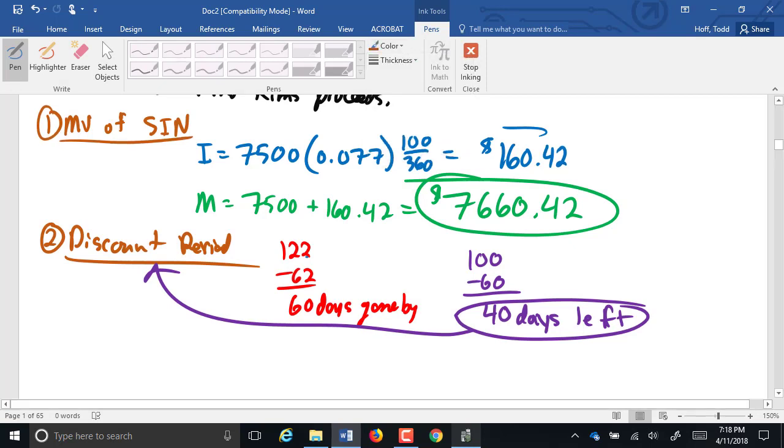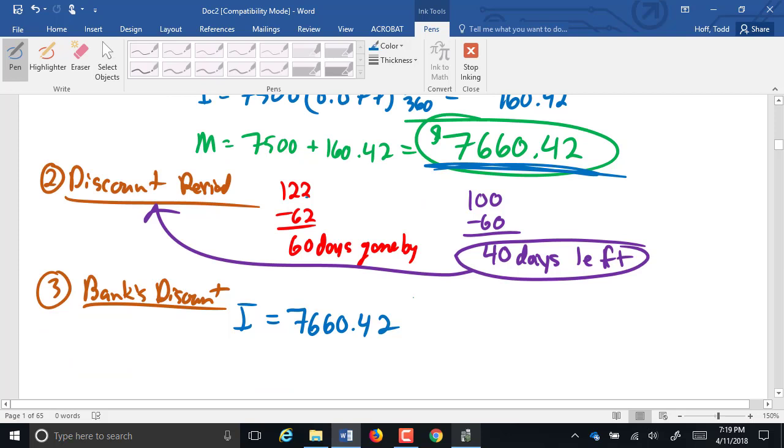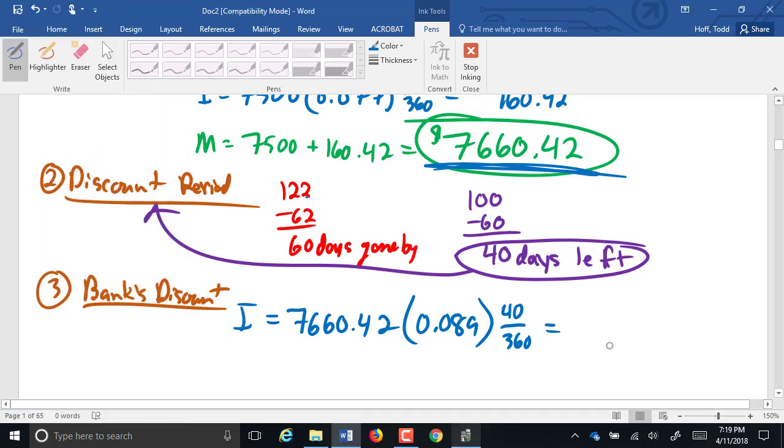Then what? Find the bank's discount. And we use I equals, perfect, the maturity value of the original note, the 7660.42 times the 8.9%, so 0.089, and 40 over 360. $75.75.